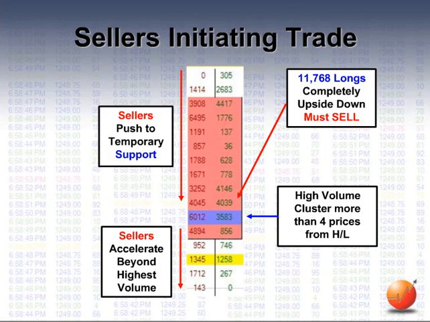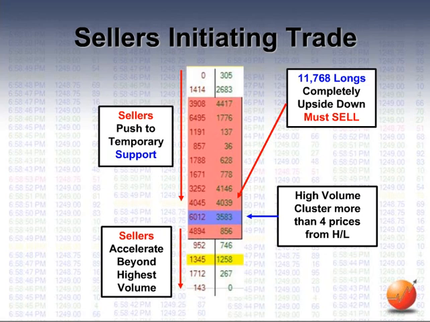You can imagine if we had gotten along here and thinking that this was going to be a reversal, and I'm part of the 3,500 or 4,000 or 4,100 that are on the ask side, then certainly I'm going to have to get out of the market when it pushes my limits. And if I'm a normal average retail trader, that's probably going to be about 1.5 points or 2 points.